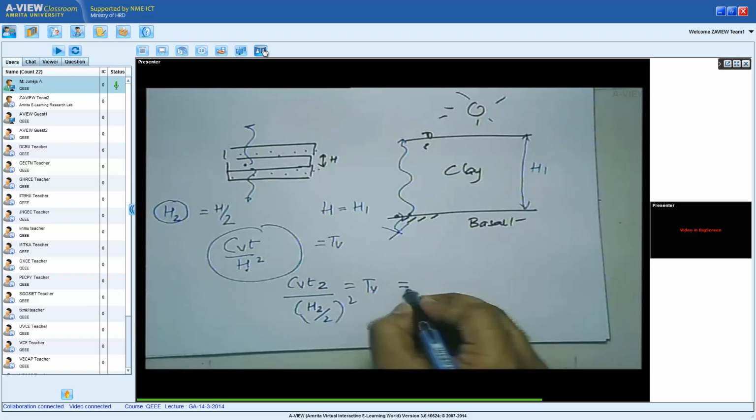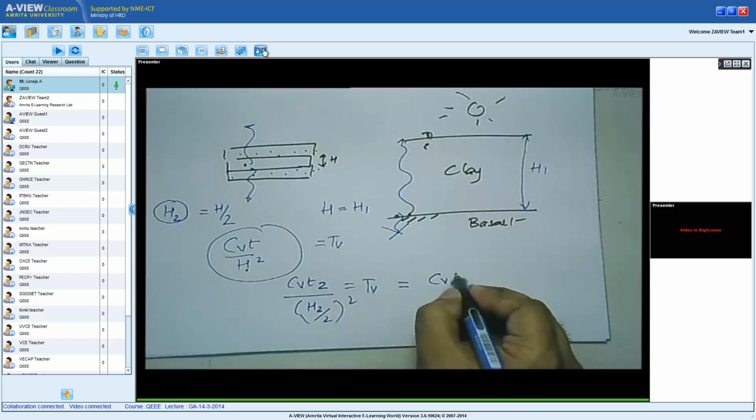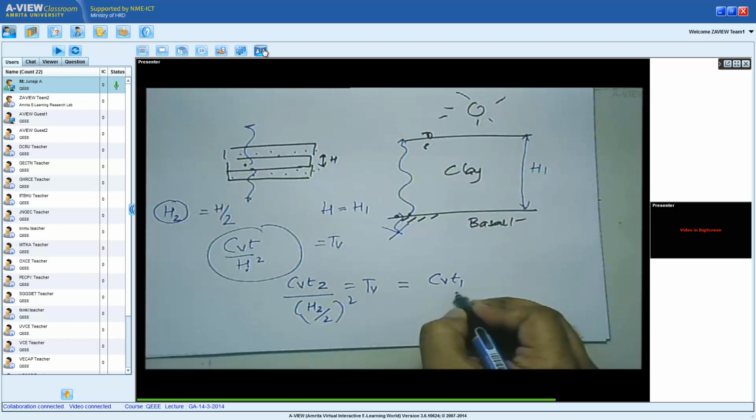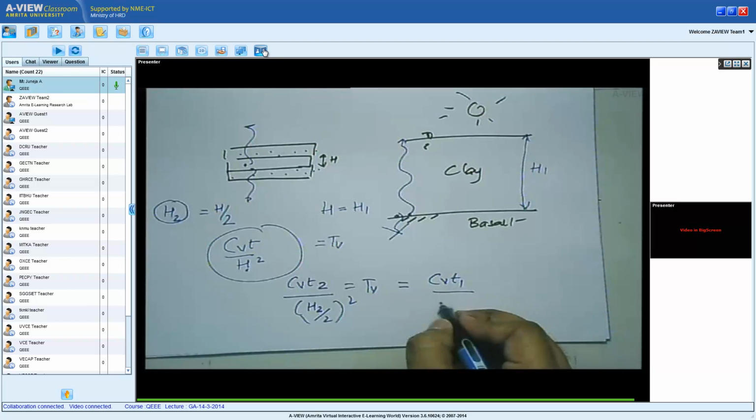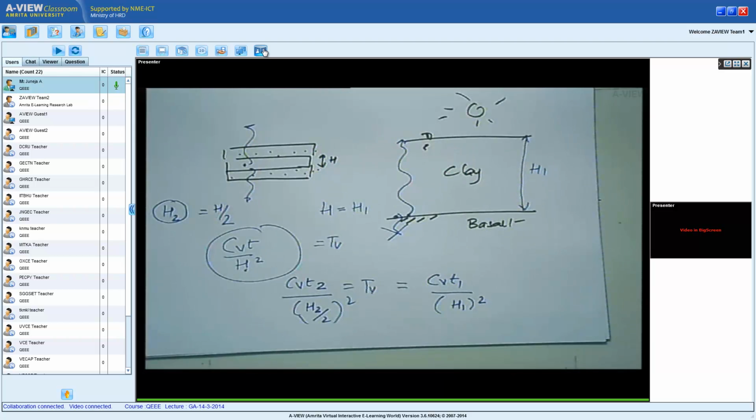And if TV in the field is also the same, that would be CV, again T, let's call it T1, I'm not sure how much time it will take, so T1 is different, over H1 whole square. Remember, it's H1 because the water has to travel the entire thickness.